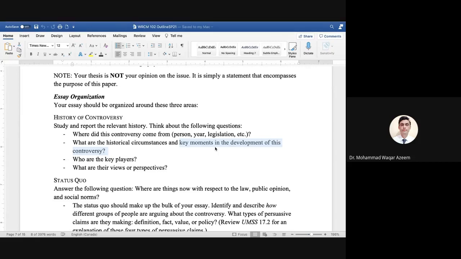Maybe one moment could be where various organizations which used to be national, like the Higher Education Commission, were broken into four parts, depending upon their provincial offices.